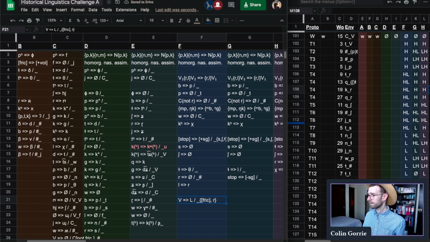And then vowel gets a high tone after a voice, after word boundary or, yeah, or voiceless stop.